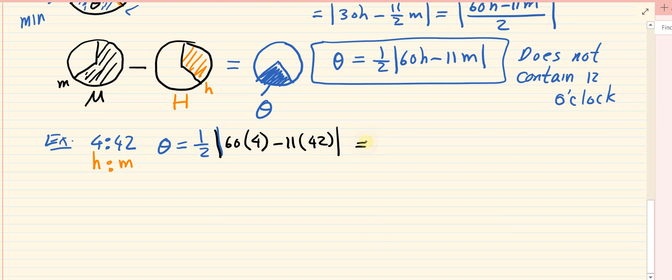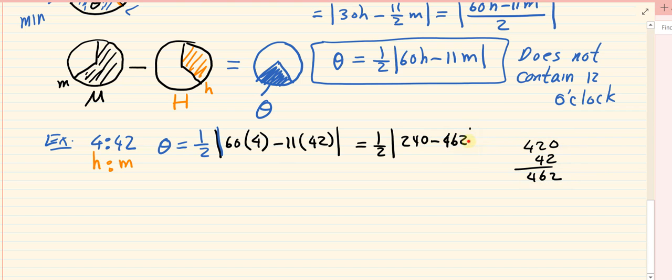Okay, and this is going to give me 1/2 times the absolute value of 240 minus 11 times 42. Let's see, 10 times 42 is 420, and then another 42 is 462.